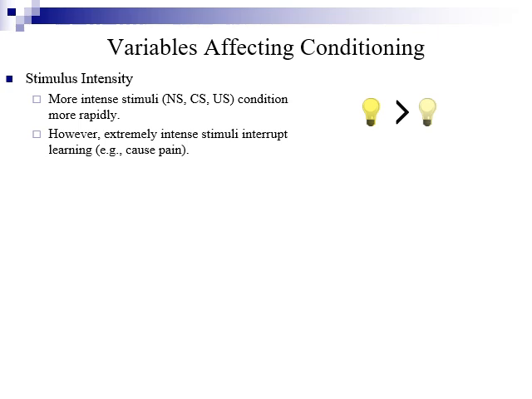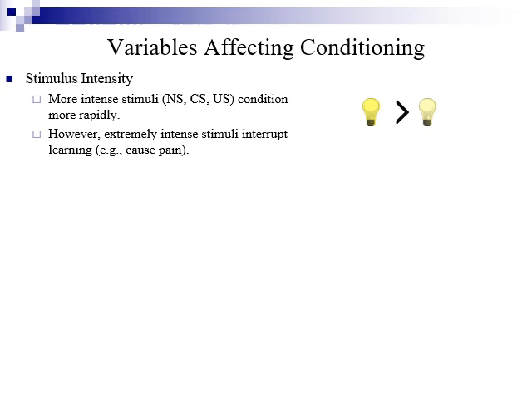However, again, there are limits. If you use a stimulus that is incredibly intense, extremely intense, then that can interfere with learning. A bright light works, but if it gets too bright, then it hurts the eyes, and it can interfere.